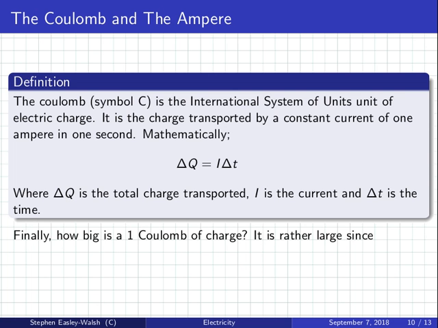How big is 1 Coulomb? It's actually pretty big, because one electron has a charge of only minus, because it's an electron, 1.6 times 10 to the minus 19 coulombs. So actually a little electron, this is how much charge it has. So you can imagine 1 Coulomb, that's a lot of electrons, it's a lot of charge.